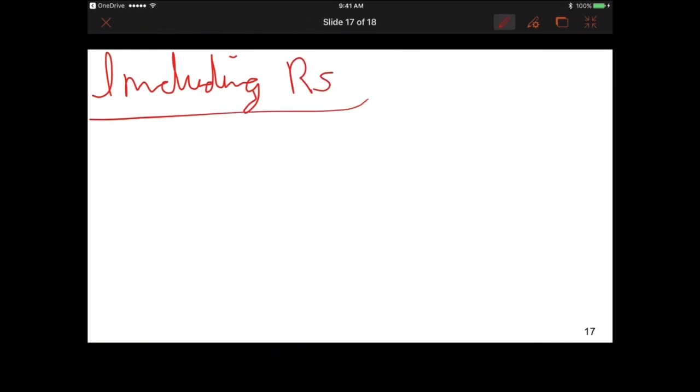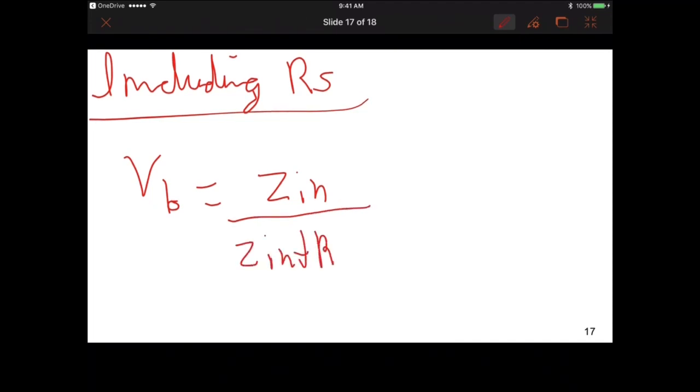Including Rs, the AC voltage at the base of the transistor is simply going to be Zin divided by Zin plus Rs, times Vin. Zin was 704.43, divided by 704.43 plus 7.33... times 20.